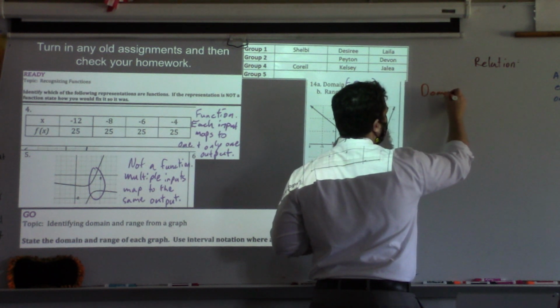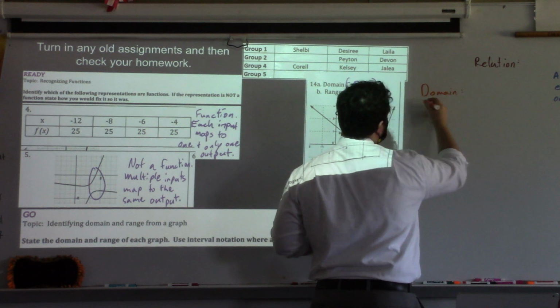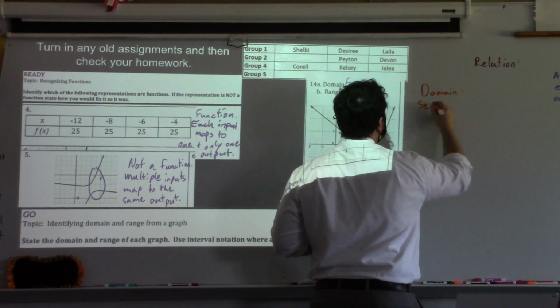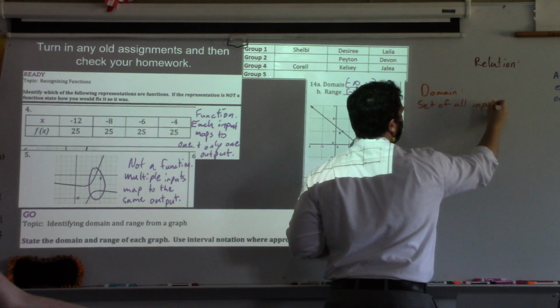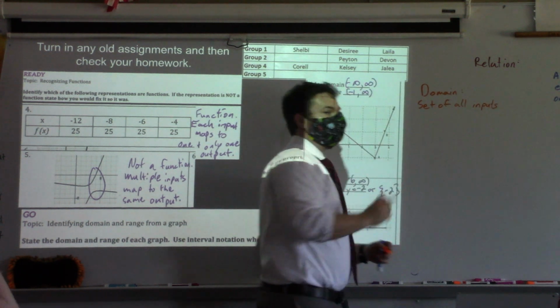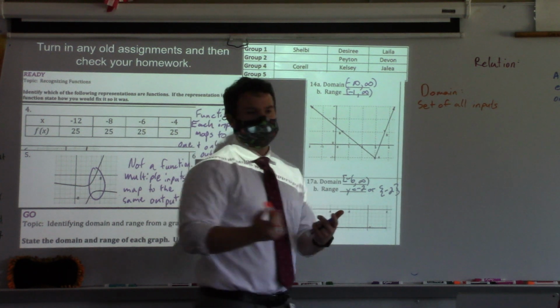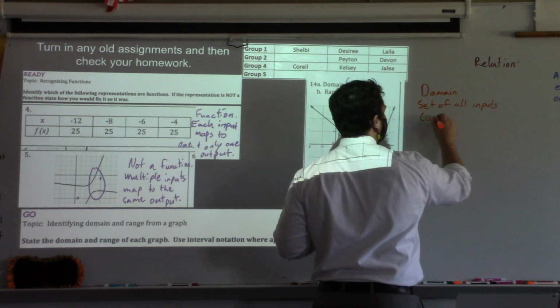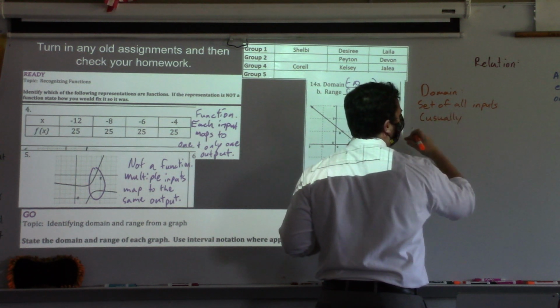Set of all inputs. Remember, usually our input is an x, but we can have other inputs other than x. It's not all things on the x-axis. It's all inputs, so all x values.